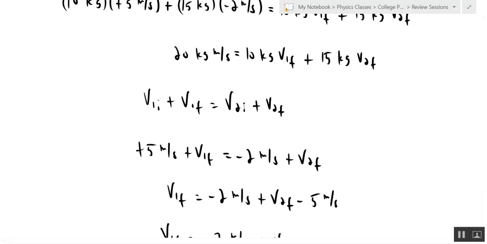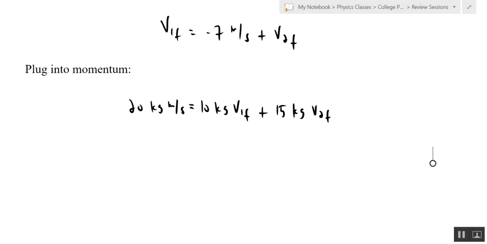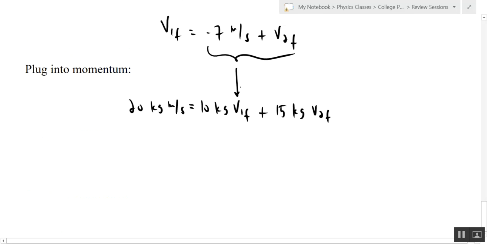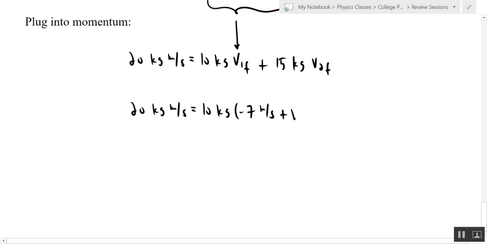So the momentum equation, when you simplify it, is this. And instead of writing V1F, what I'm going to do is write that whole thing. So what you get is 20 kilograms is equal to 10 kilograms times -7 plus V2F.